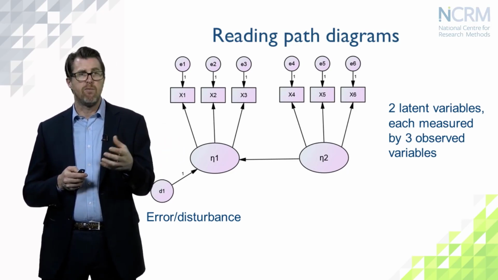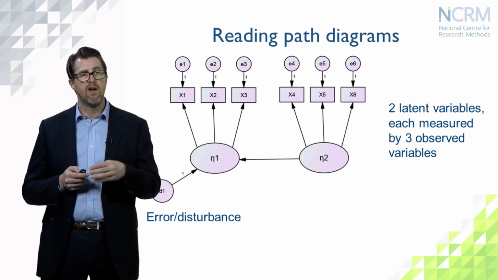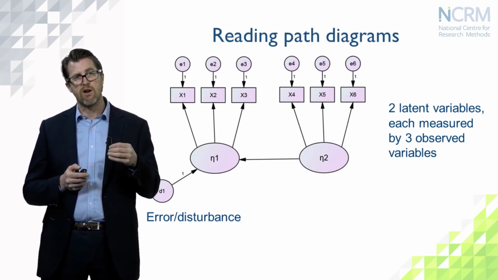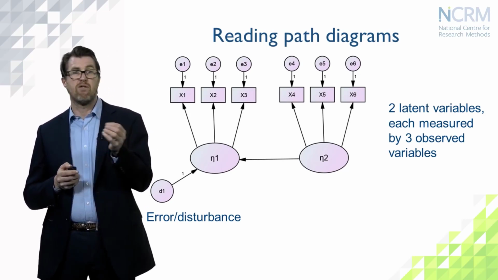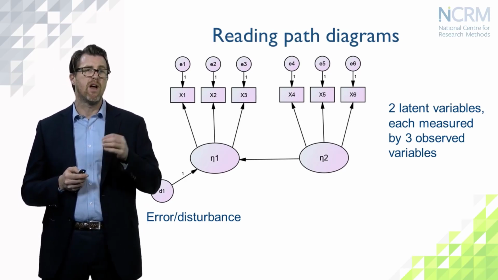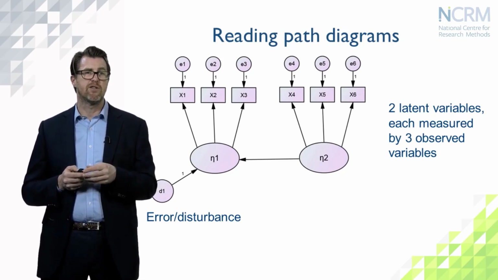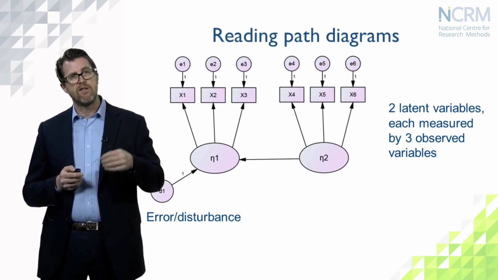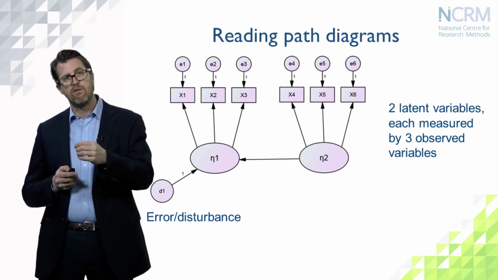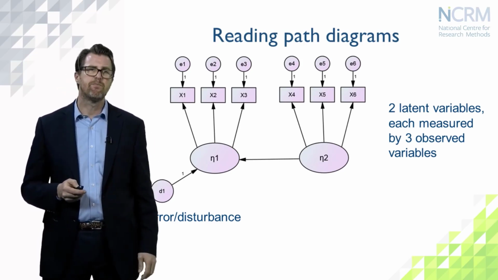And this again would be similar to the first diagram that we saw, a bivariate regression with eta1 regressed on eta2, and we would then solve for the unknown beta coefficient above the straight line with the arrow at the end. But as I said, this is now a bivariate regression of a latent variable onto another latent variable.